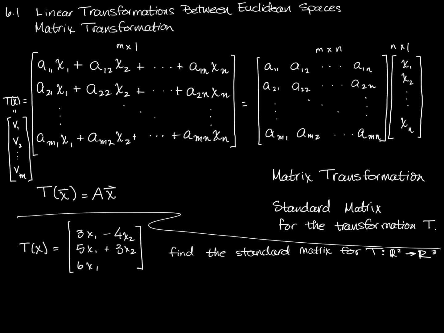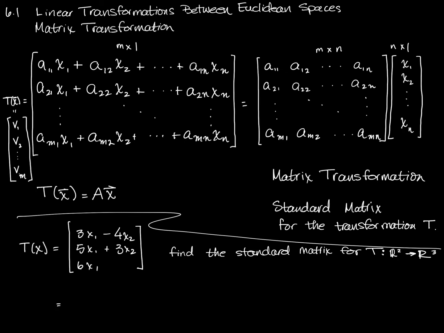If I'm asked that kind of a question, asked to find the standard matrix for this transformation, then all I need to do is unpick this. I need to figure out what the numbers are and what the variables are that fit into this matrix and this column vector, this column matrix. Clearly the column vector, let's rewrite it first of all.